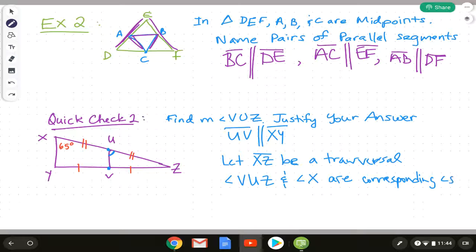Okay, so we know that corresponding angles are congruent, so that means that the measure of angle VUZ must be 65 degrees. My pen is not writing right today. Okay.